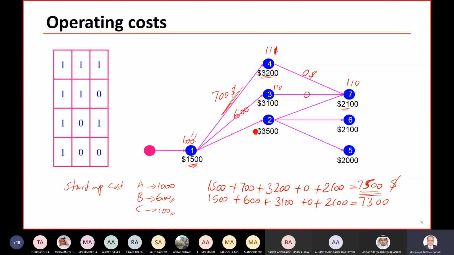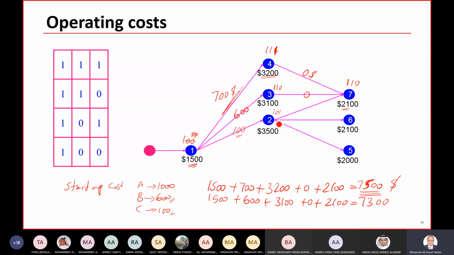Now this status is 101. Is there any startup here? From 100 to 101, machine number 3 will be switched on, so we have here $100.